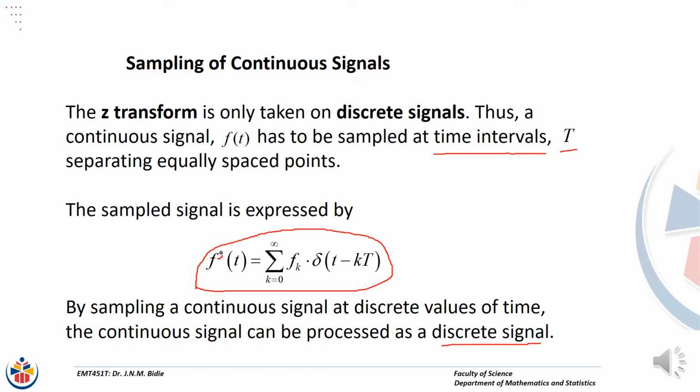So in order for us to take the Z transform of a continuous signal, this statement is very, very important, because we will then do sampling on the continuous signal and process it and take the Z transform as if it is a discrete signal.